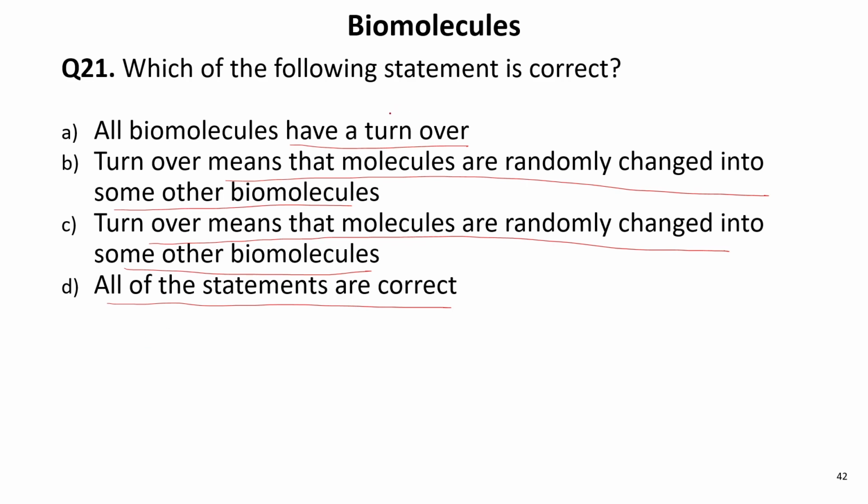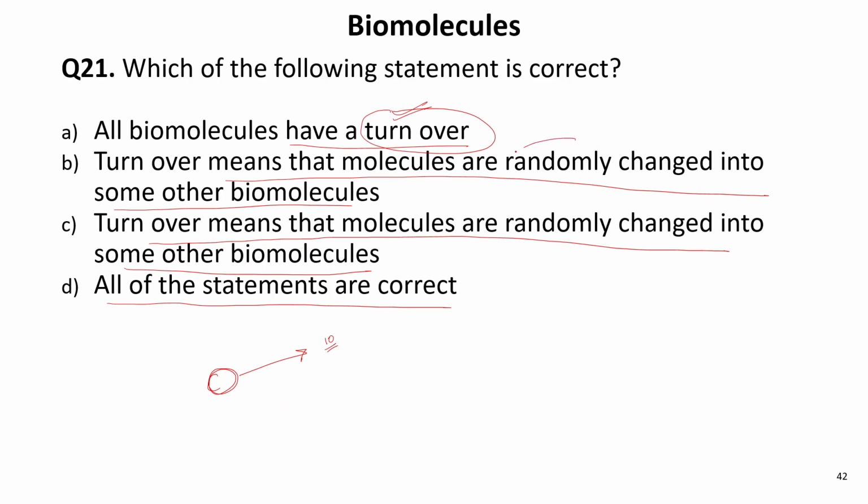So, let us understand what turnover is. Turnover is the fixed number of biomolecules that are formed by an enzyme catalyzed reaction. So that is fixed, that this particular substrate will form this number of products, and that is fixed for every biomolecule.